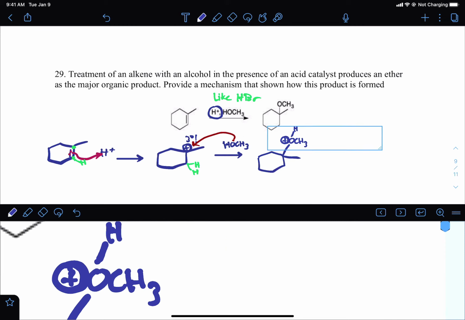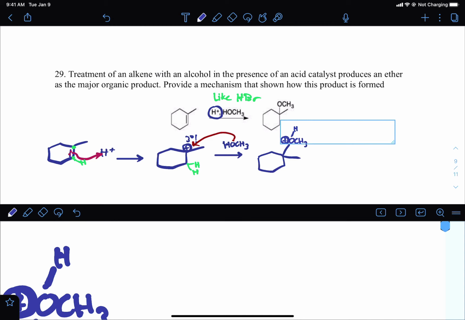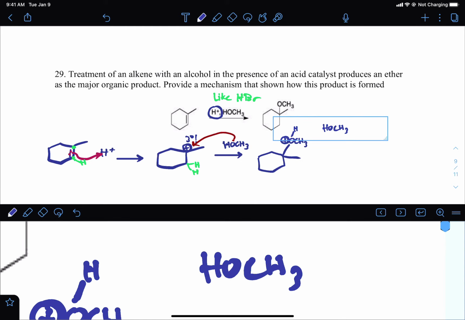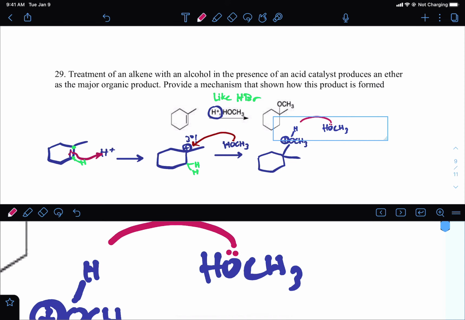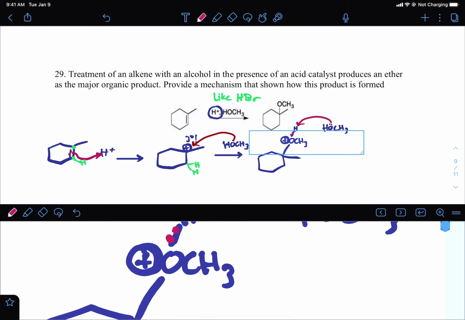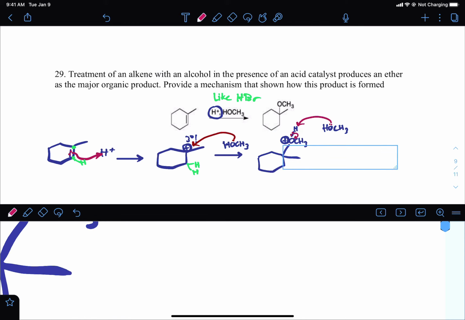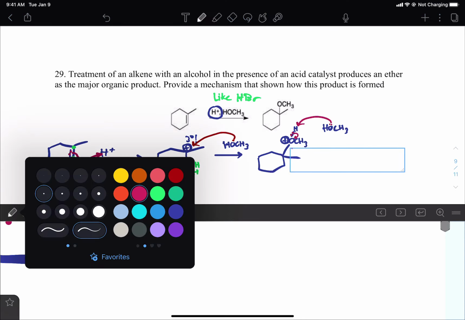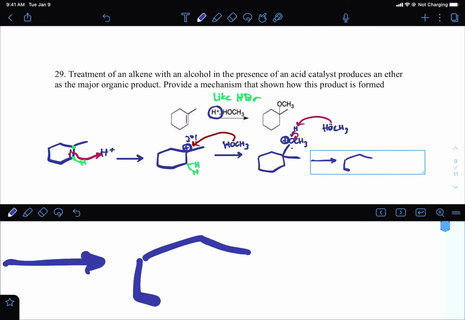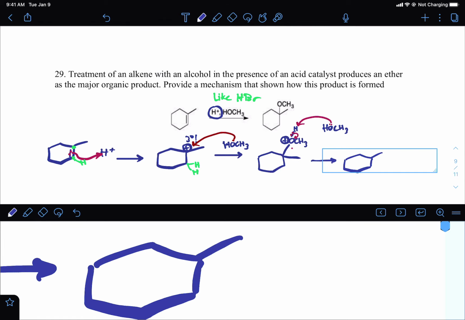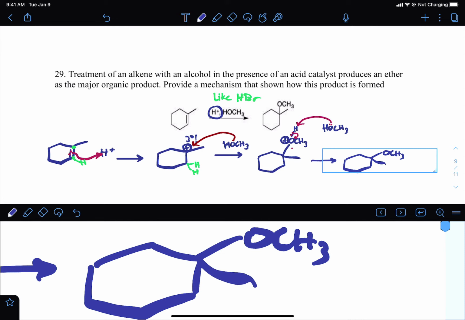And then in the last step, another methanol, another HOCH3, can grab the H and return those electrons back to the O. There we go. All right.